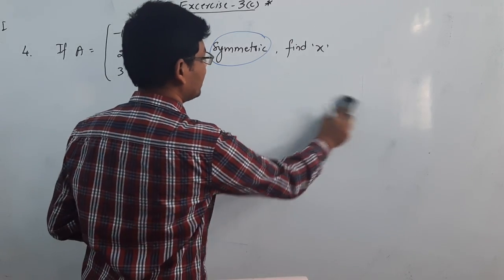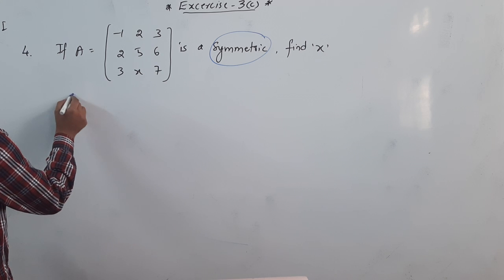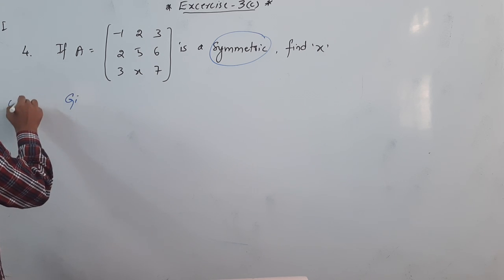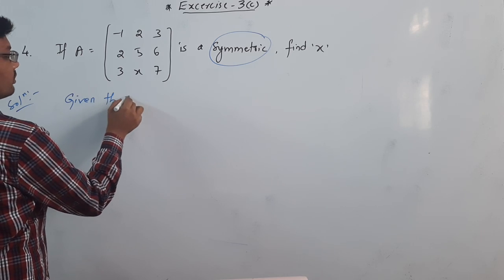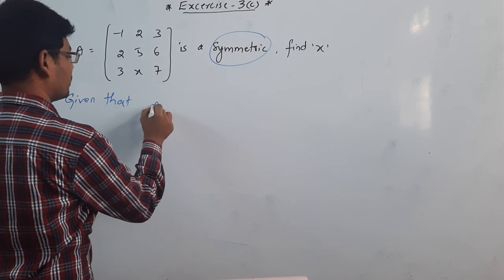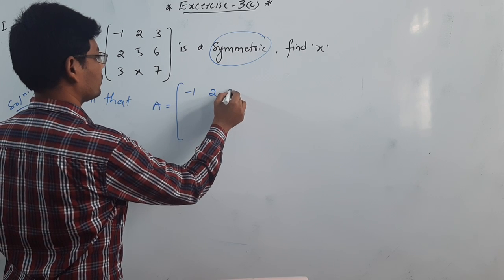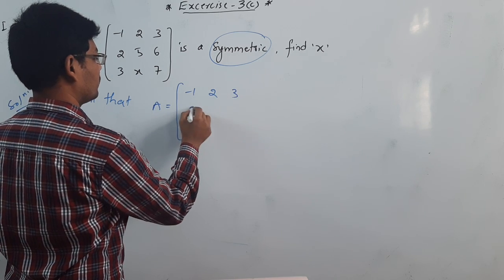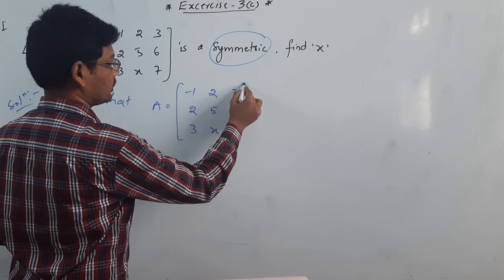Given that A is equal to minus 1 2 3, 2 5 6, and 3 x 7.